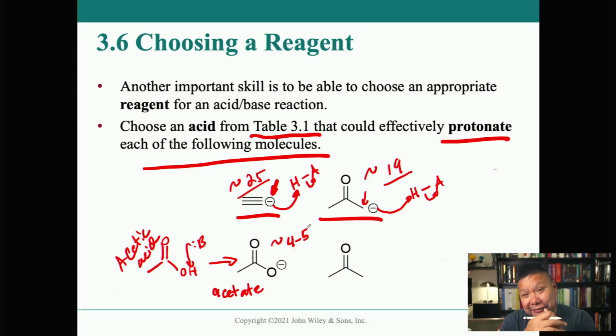Relative to the rest of the chart, it's pretty up there as far as acids go, but it's still not a very strong acid at all. So acids that are stronger than it would be able to protonate it. Things like, for example, the hydronium ion, which looks like this. It has a pKa around -2, so it can definitely, acting as an acid, protonate an acetate ion.